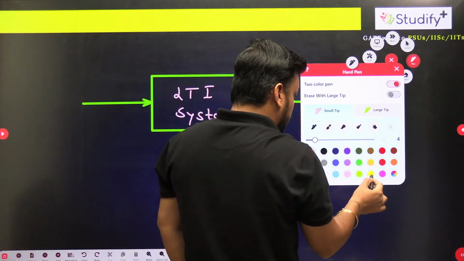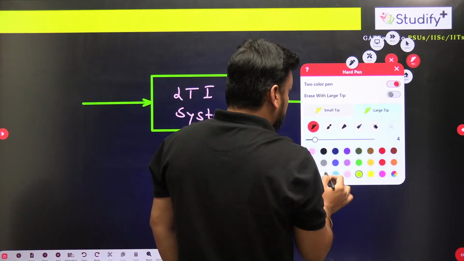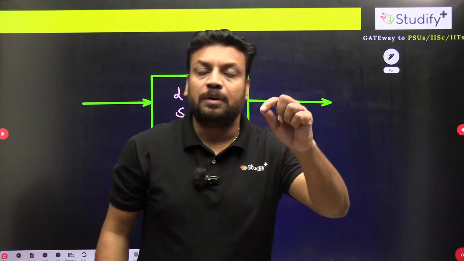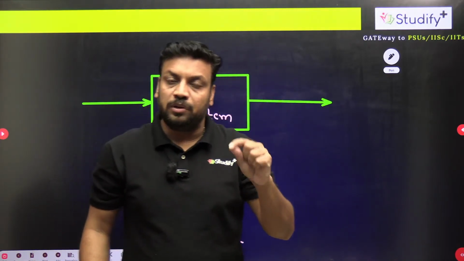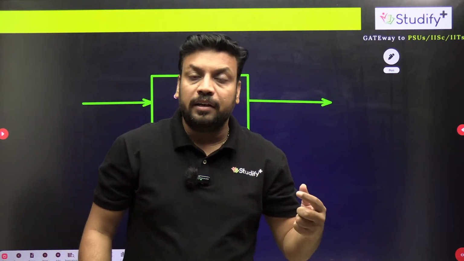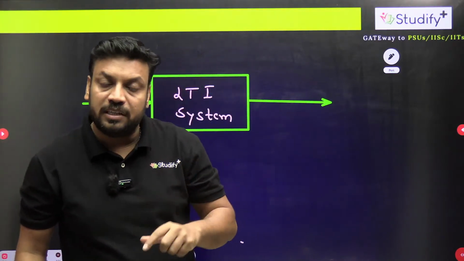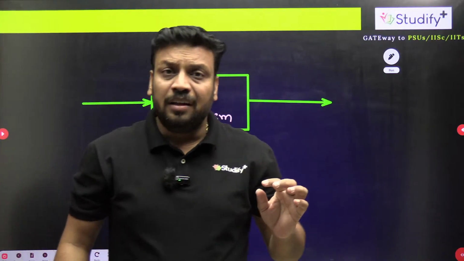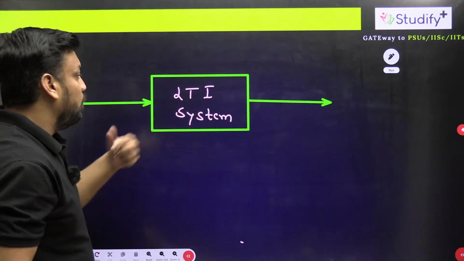Now what do you mean by linearity, guys? You must know this. The system is said to be linear if it satisfies superposition as well as homogeneity property together, and a system is said to be time invariant if its input and output characteristics do not change with time. So this is the meaning of LTI. Since we are using this, we have discussed the property once.